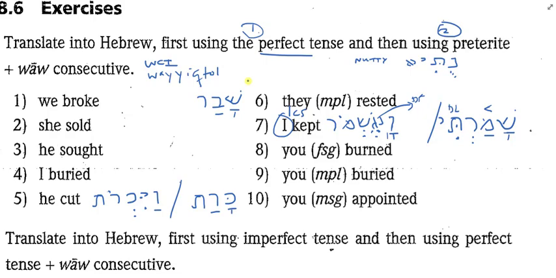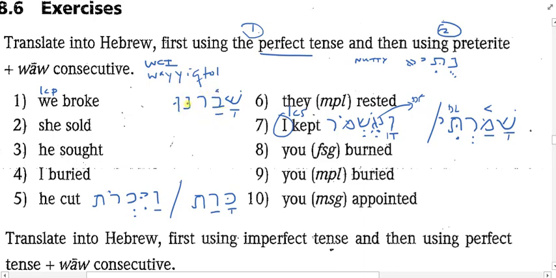Well, here it's "we broke." So what's my perfect first common plural personal ending for we? Nu. Good. So noon, shureq, right? Is that nu a vocalic ending or a consonantal ending? It's consonantal, which means my stress is going to be where? It's going to be on root 2, the second syllable.